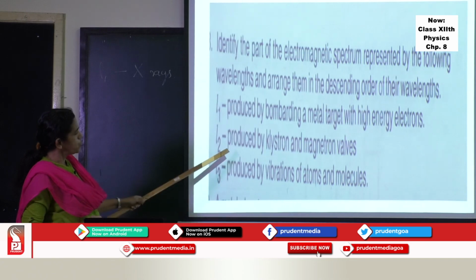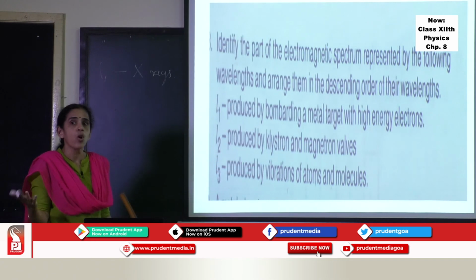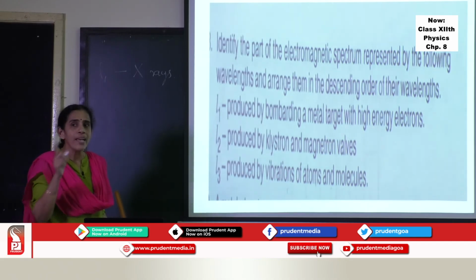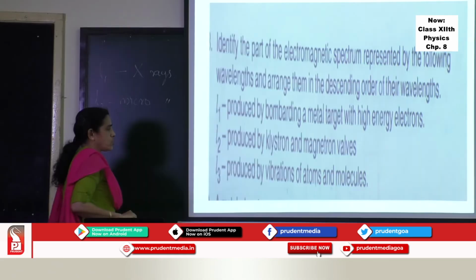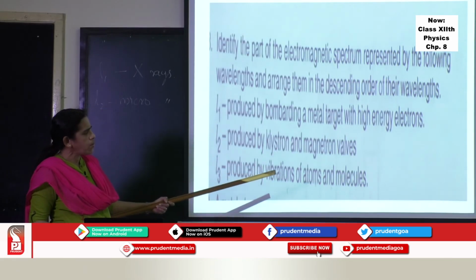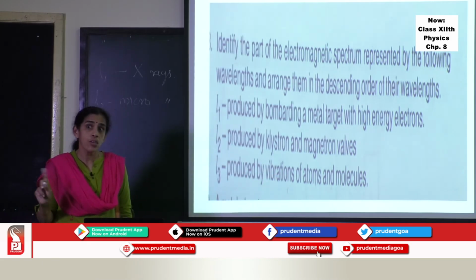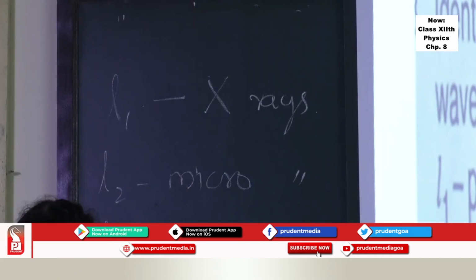Second one, L2, produced by klystron and magnetron, something new for you. That is microwave. So, L2 is microwave. And L3, produced by vibrations of atoms and molecules, is infrared.